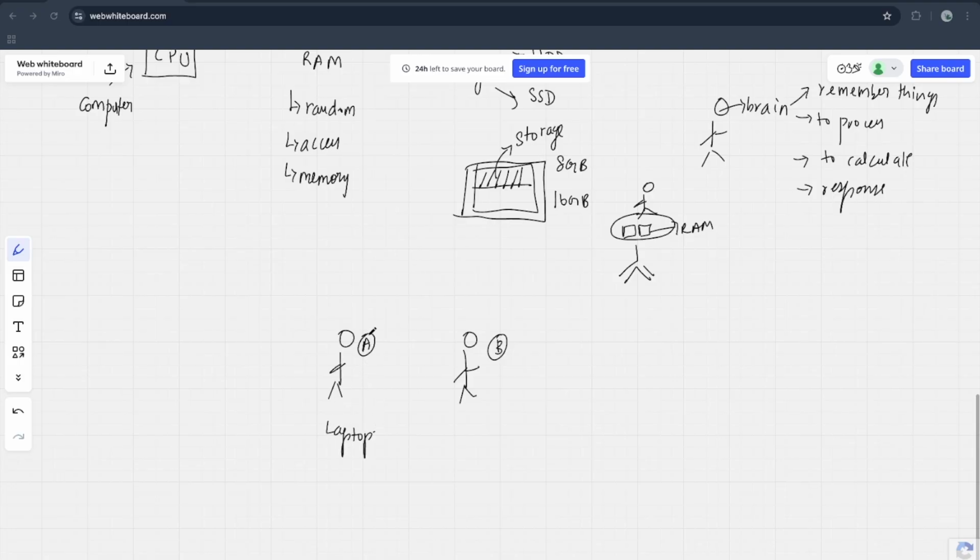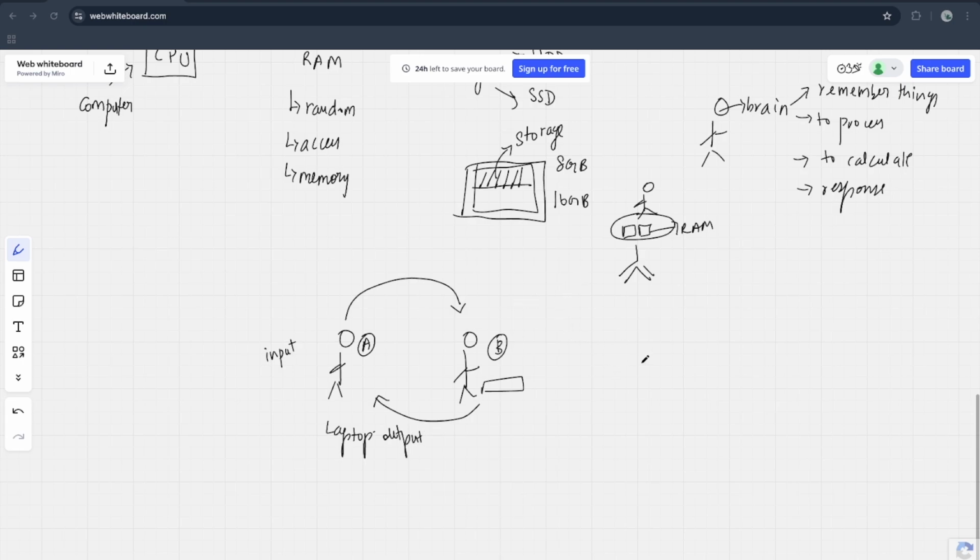So he is taking the laptop and giving it to him. So person A is giving the input, and person B is processing it using his brain and giving the output.